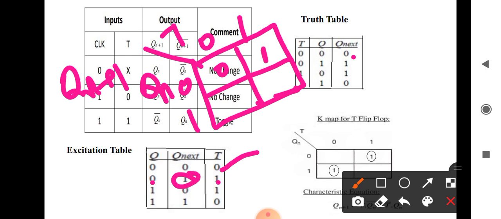For 1 0 it is 1 here. For 1 1 it is 0 here. So we have 1, we have 1.